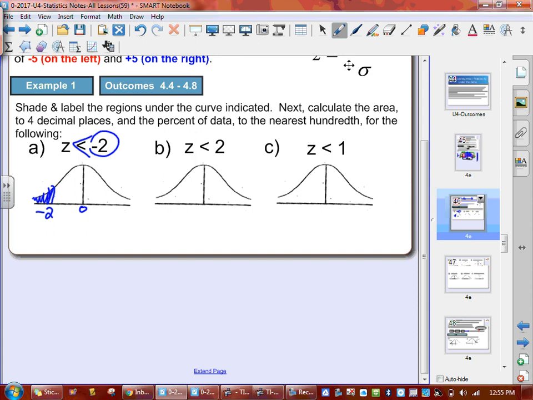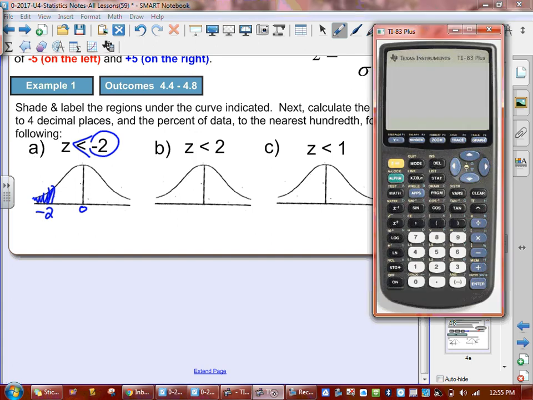So let's go to our calculator now. This is how we punch in our calculator. Almost everything we've done in our calculator has been with our stats. Now we're going to be using two buttons down here, one called program and one called bars.